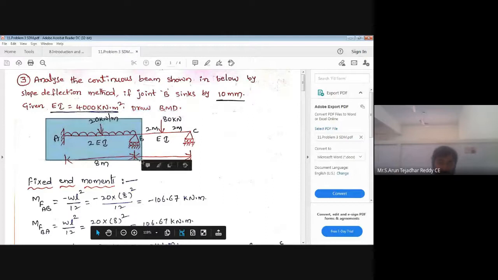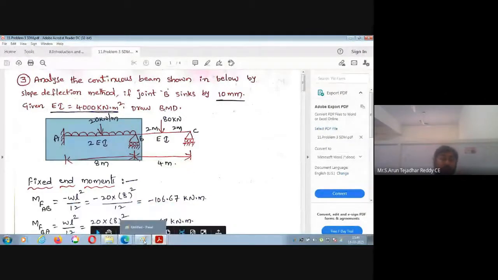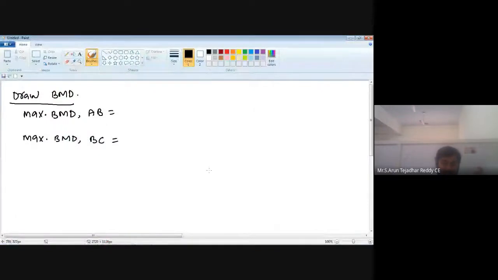Span AB has a uniformly distributed load. So what is the formula for maximum bending moment here? That is WL square by 8. Here W is 20 kilonewton per meter, L is 8, square by 8. What is the value? Calculate.